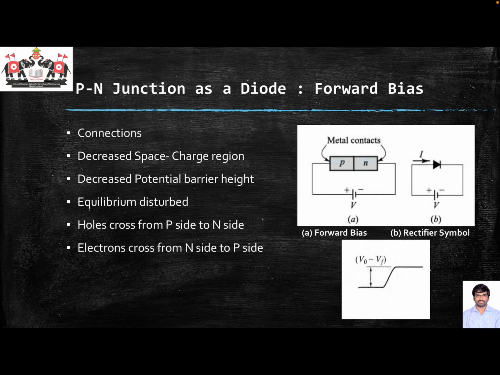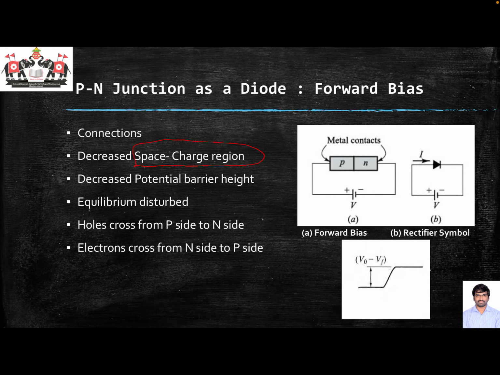Now we shall see another configuration called forward bias. In this configuration, the positive terminal of the supply is connected to the P side of the diode and the negative terminal is connected to the N side of the diode. Unlike in the reverse bias condition, here we see the space charge region decreasing in width.